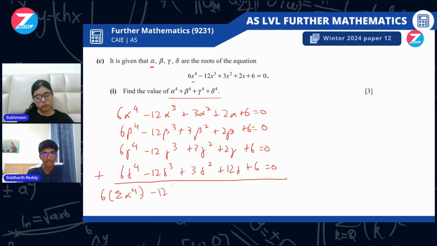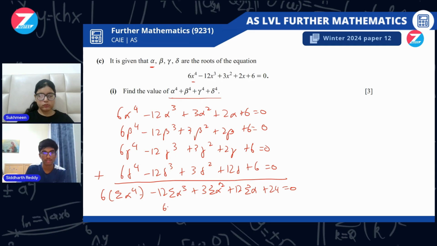And similarly, we can write this as sum of the 3rd powers plus 3 times the sum of the 2nd powers, squares, plus 12 times the sum of the roots itself. And now plus 6 plus 6 plus 6 plus 6, that's plus 24. That's equal to 0.